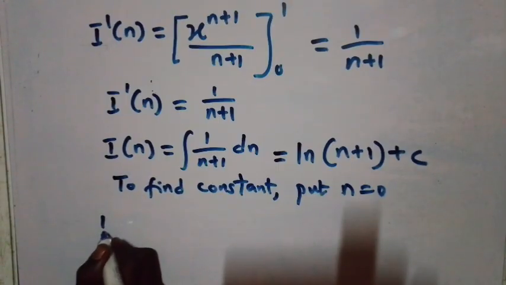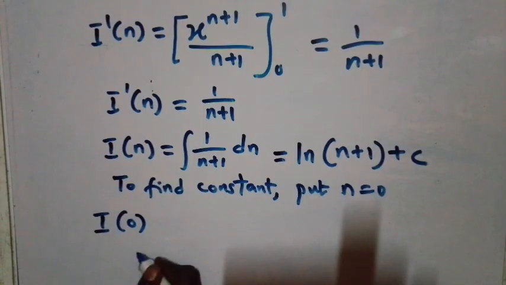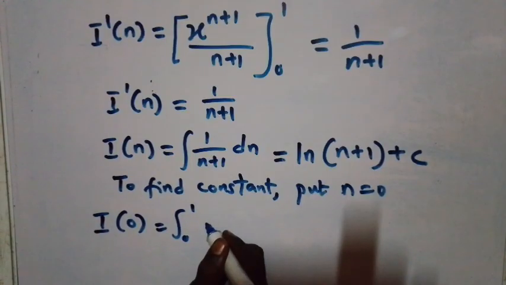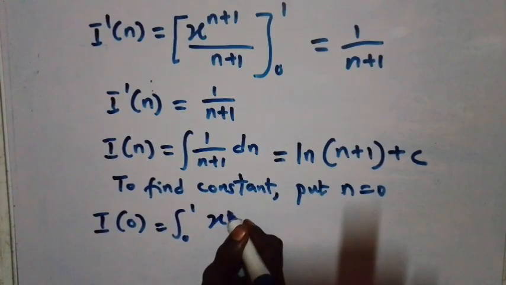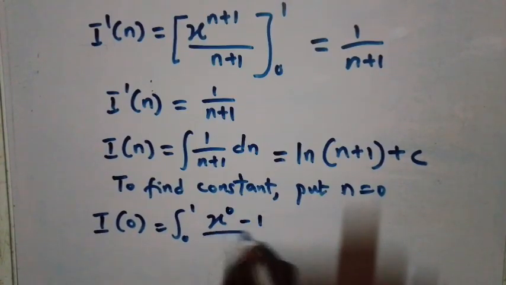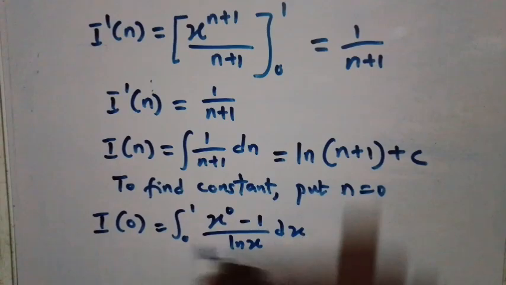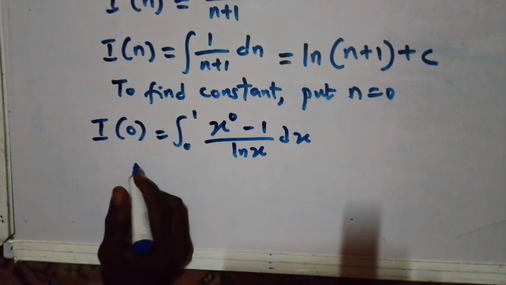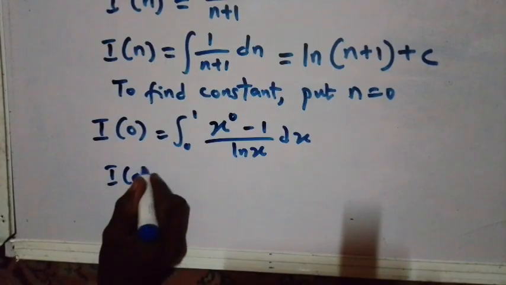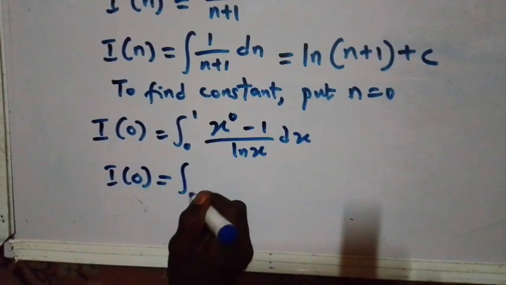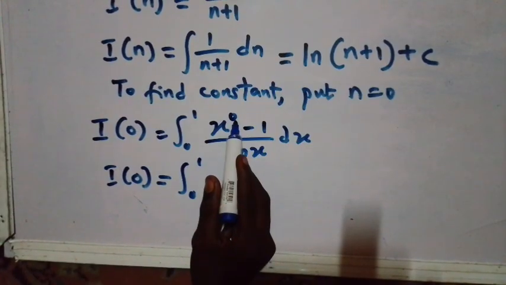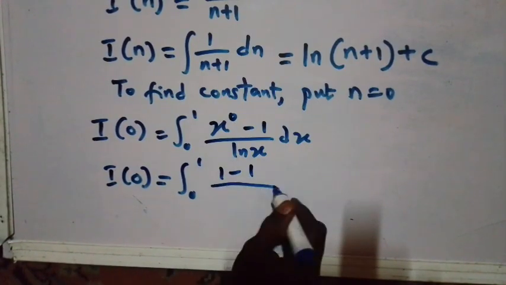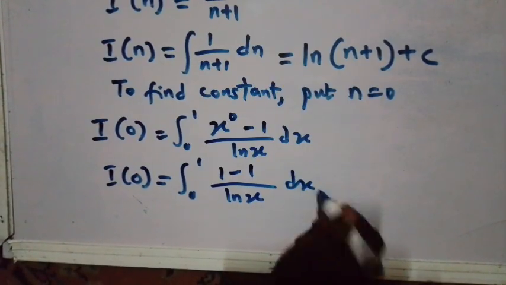From the function, we now have I(0) will be equal to the integral from 0 to 1 of x raised to the power of n, and we said we are putting our n to be 0, minus 1 over ln x dx. I(0) will now be equal to the integral from 0 to 1 of x^0, that is 1, minus 1 over ln x dx.